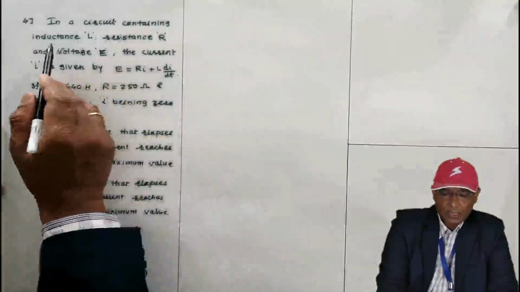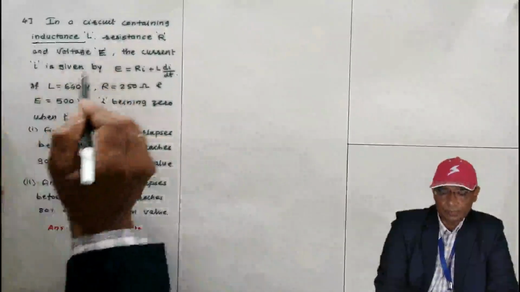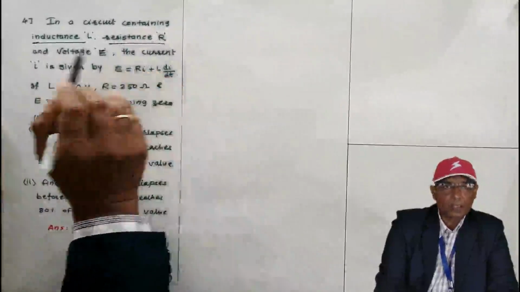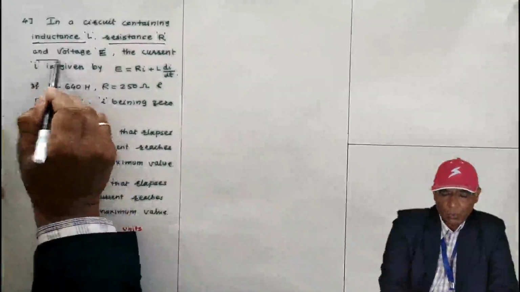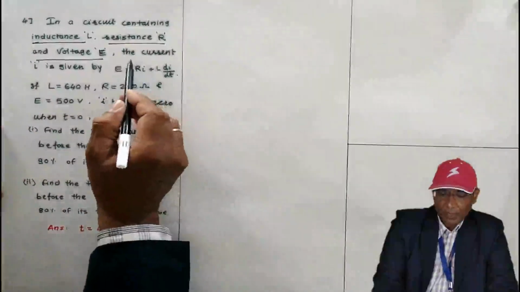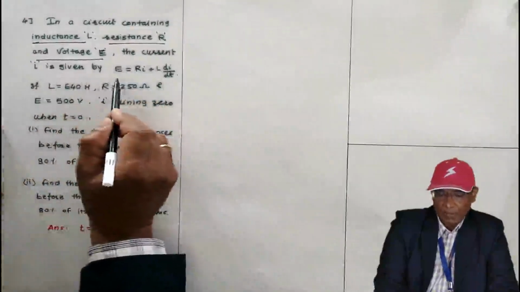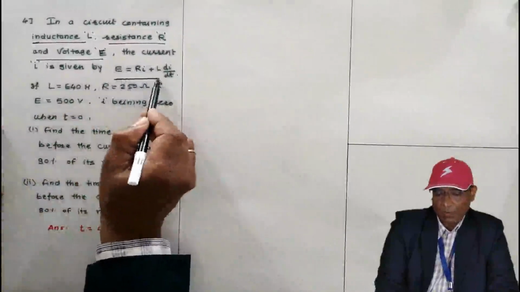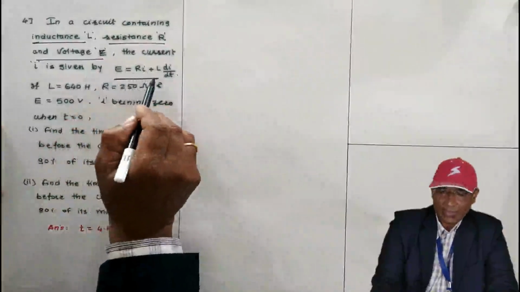Now, the problem I am going to read. In a circuit containing inductance L, resistance R, this is an RL circuit problem, voltage V is given, total EMF drop is also given. The current I is given by, means the equation of the RL circuit is already given to you.